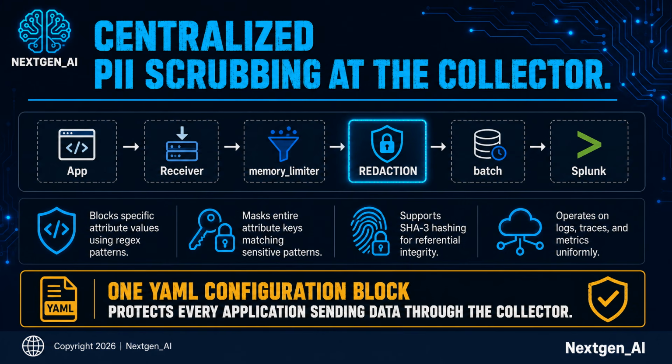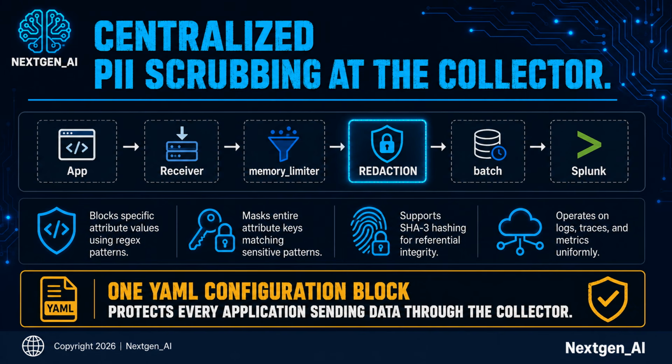The processor works by evaluating the telemetry data against a defined set of rules. It can target specific span attributes, metric labels, or the raw body of log messages. When it finds a match, it mutates the data in flight, replacing the sensitive information with a safe placeholder, such as a string of asterisks or a cryptographic hash.